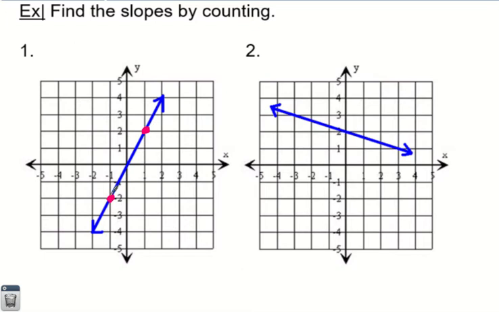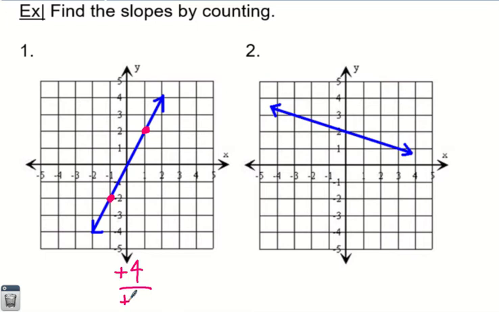And so here we go. We're going to rise and we're going to go up. 1, 2, 3, 4. And going up is a positive direction. And so my rise is going to be positive 4. Again, 1, 2, 3, 4. And then my run is going to be to the right. I'm going to go to the right, 1, 2. And going to the right, do you think going to the right is a positive or negative direction?